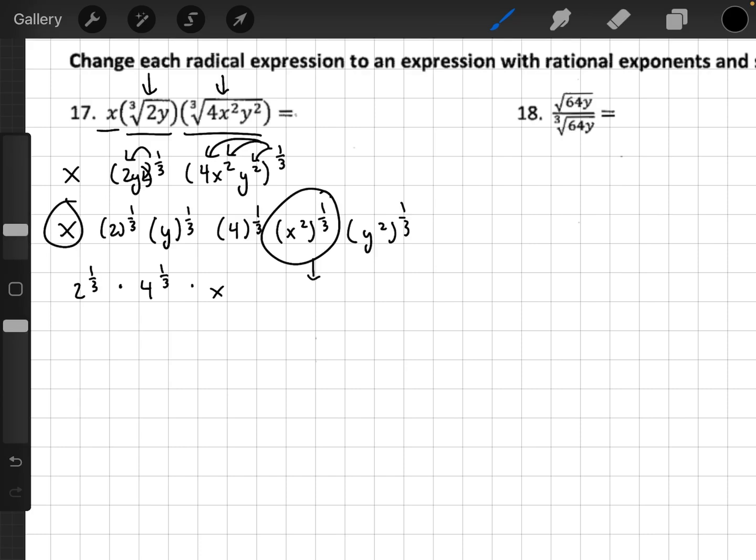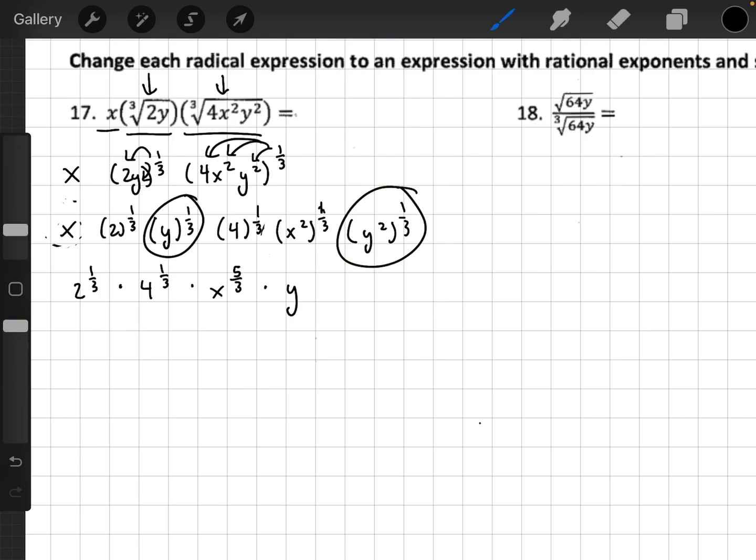This term, x squared to the power of 1/3, is also x to the power of 2/3, because we'll multiply those two exponents together when we raise exponents to another exponent. So that becomes x times 5/3, and now we have these two y terms times y to the power of 1/3 here, and this becomes 2/3, so 1/3 plus 2/3 is just 1, so we have y to the power of 1.